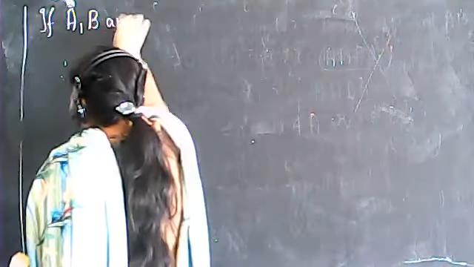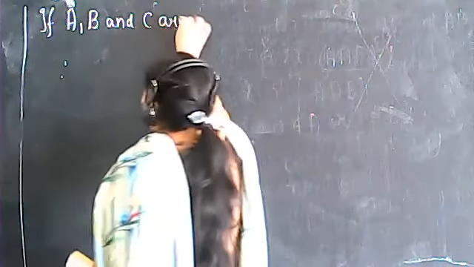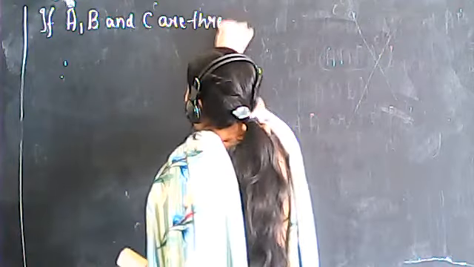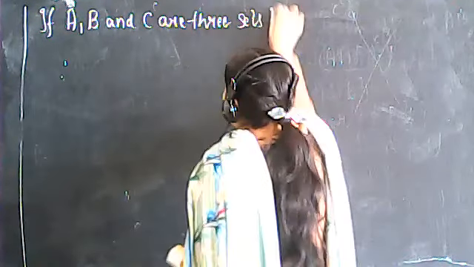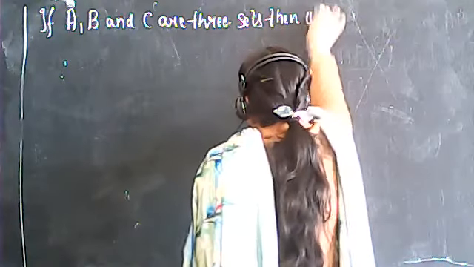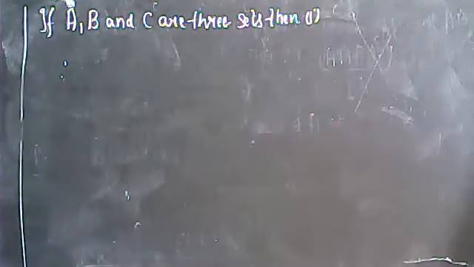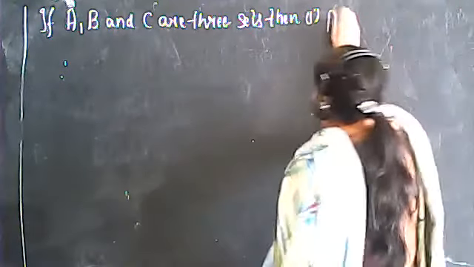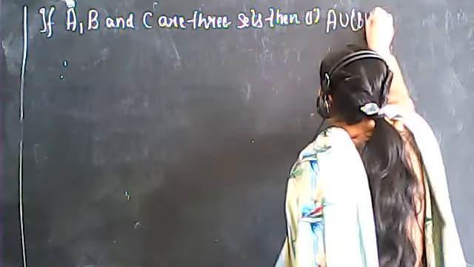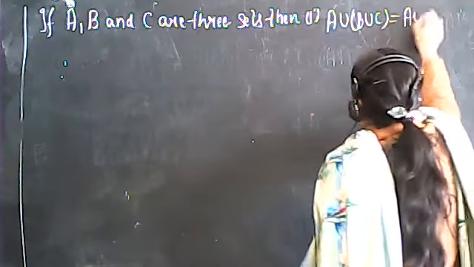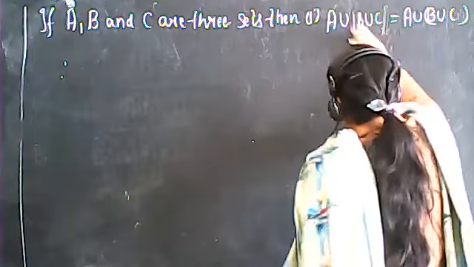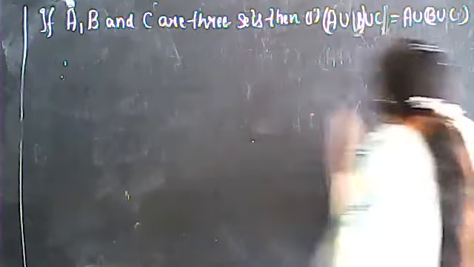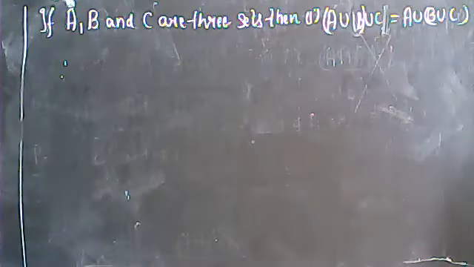If A, B and C are three sets, what is the statement of associative law? If A, B and C are three sets, then number one, A union (B union C) is equals to (A union B) union C. This is the first part of associative law.